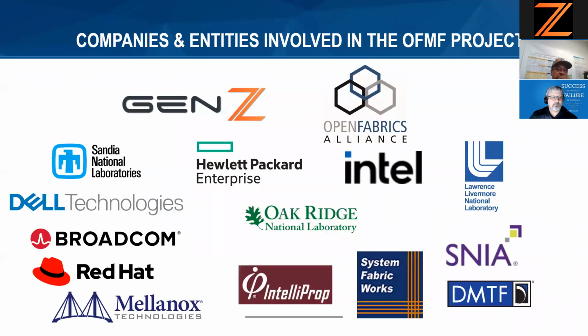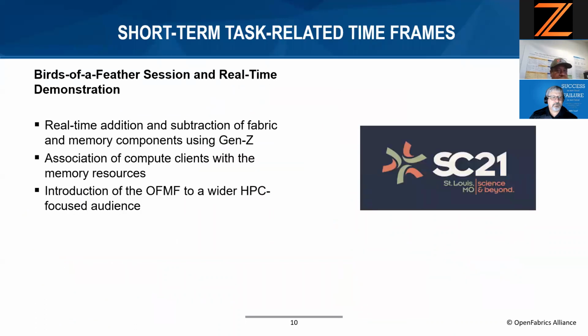Next slide. So companies and entities involved: the Gen-Z Consortium, Open Fabrics Alliance, my employer, Sandia, Hewlett-Packard Enterprise, Intel, Livermore, Red Hat. There's IntelliProp. There's a lot of people involved, DMTF and SNIA. Next slide.